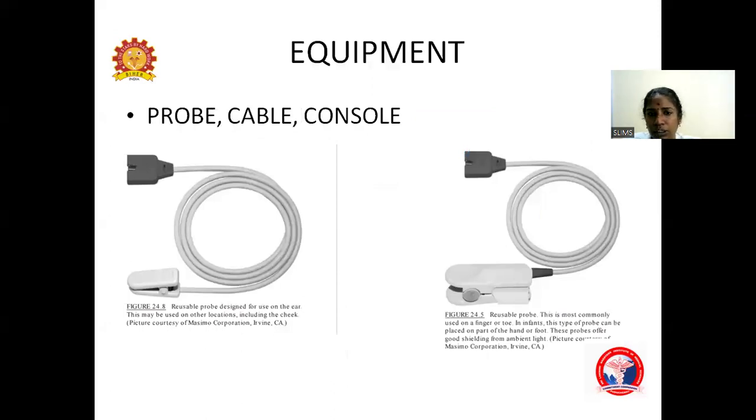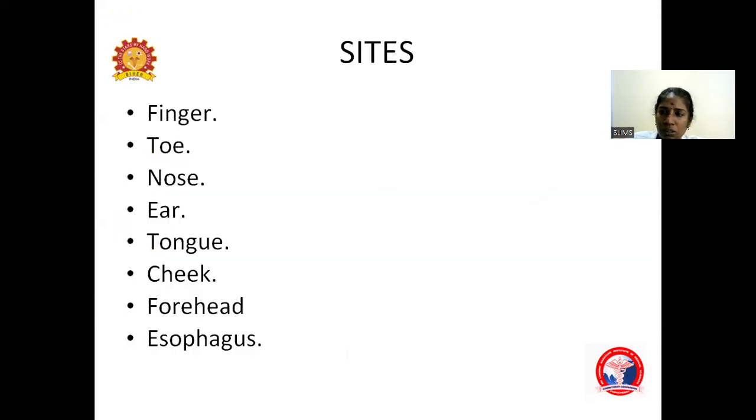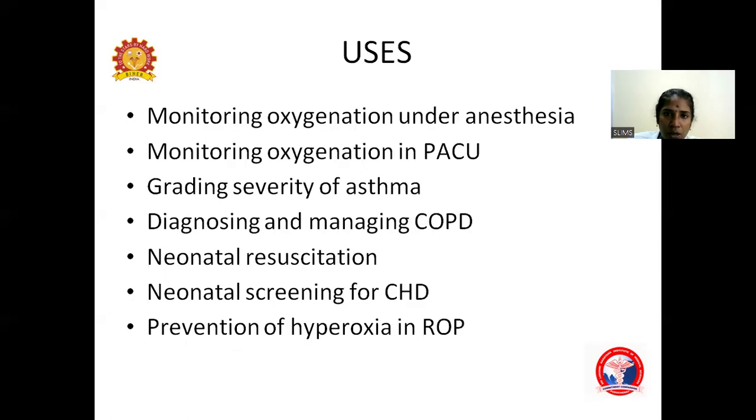And what are the connections between the patient and the monitor, what is the cable, what is the console, and how the probe is attached. And next is site. What are all the sites? There are 8 sites: the finger, toes, nose and ears, tongue and cheek, forehead and the esophagus. So these are all the sites.